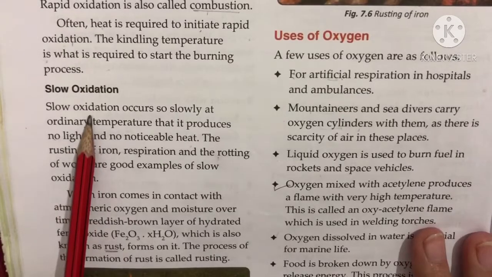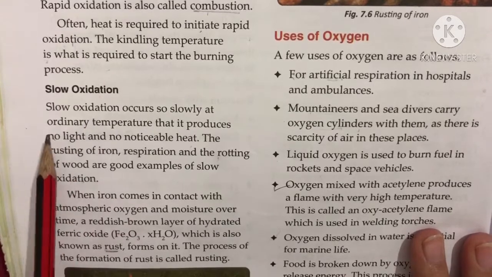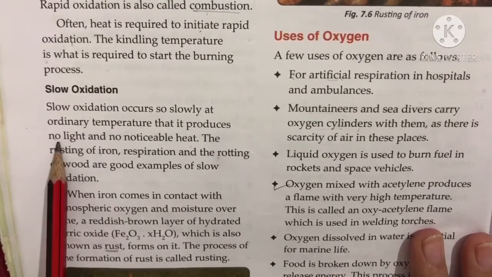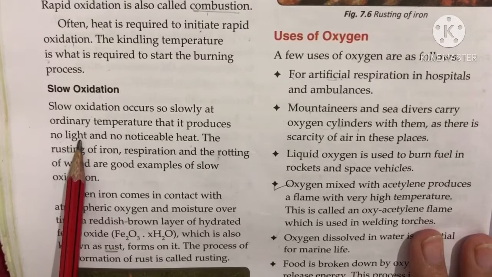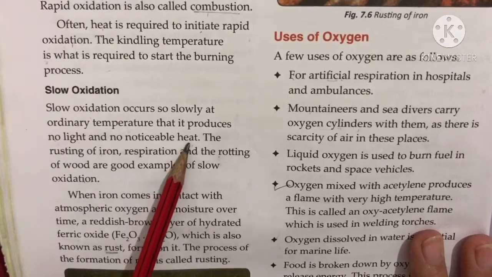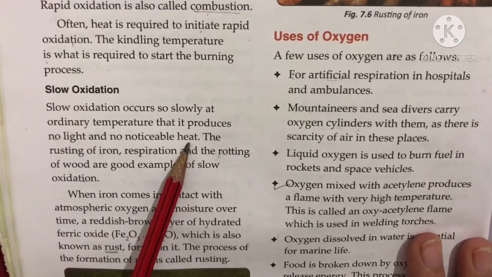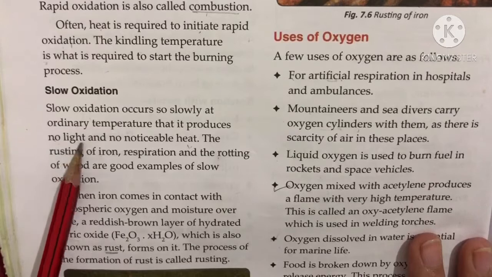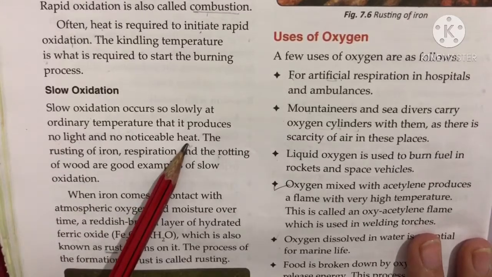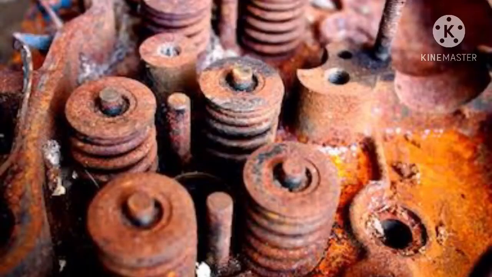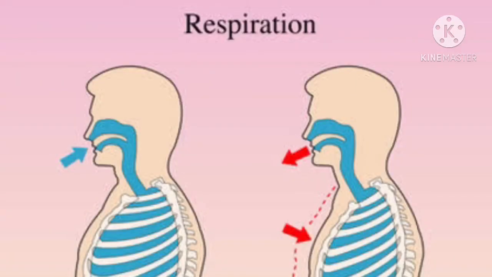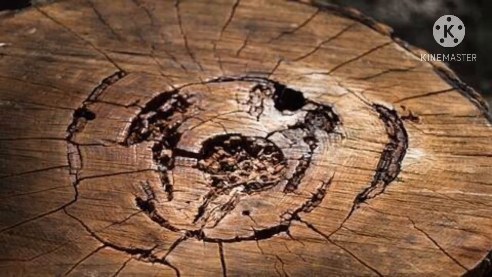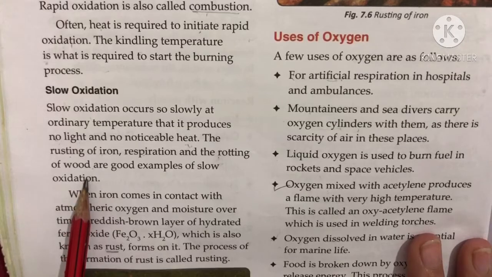It means oxygen reacts very slowly and there is no formation of any light or any heat. For example, rusting of iron, respiration, and the rotting of wood are examples of slow oxidation.